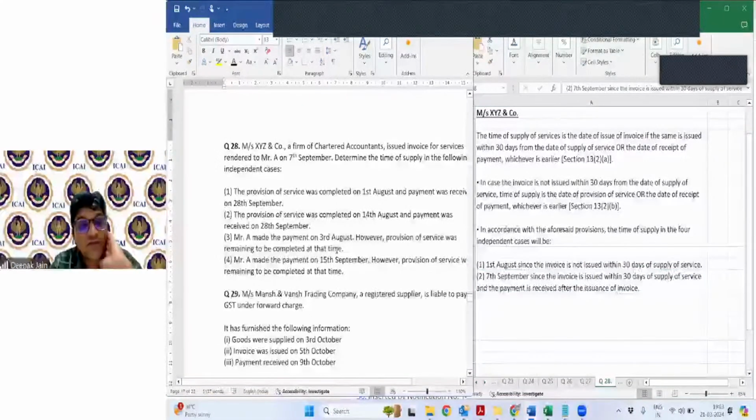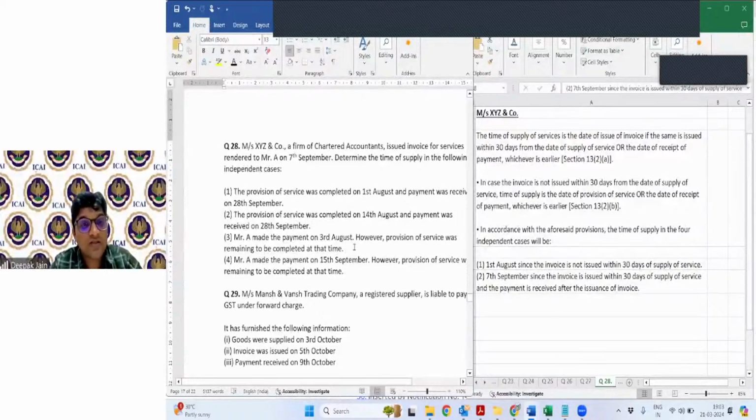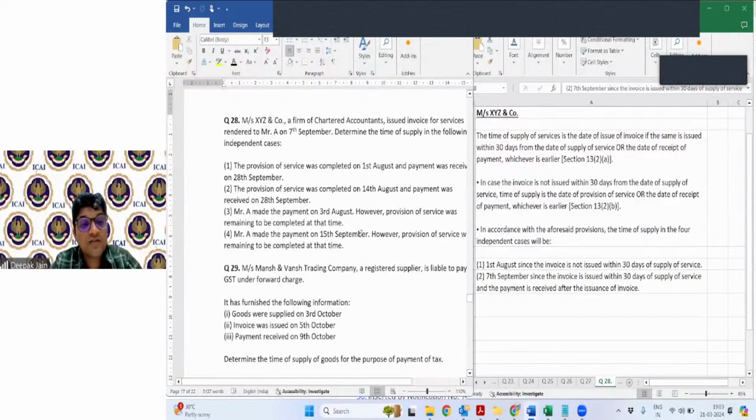In third situation, Mr. A made the payment on 3rd August. However, the provision of service was remaining to be completed. 3rd August, you have received the payment and provision of service was remaining to be completed. What happens in third case?